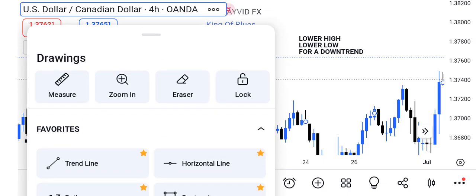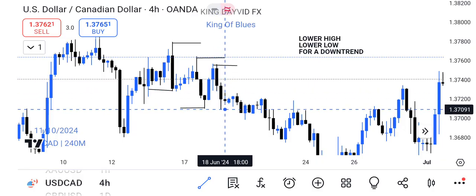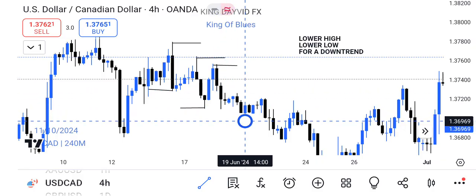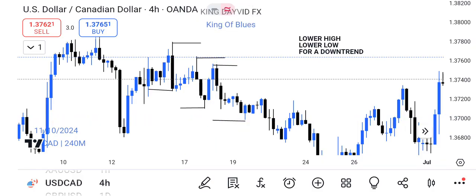We also have a low right here. This low is lower than the previous low, the second low. We call this a lower low.